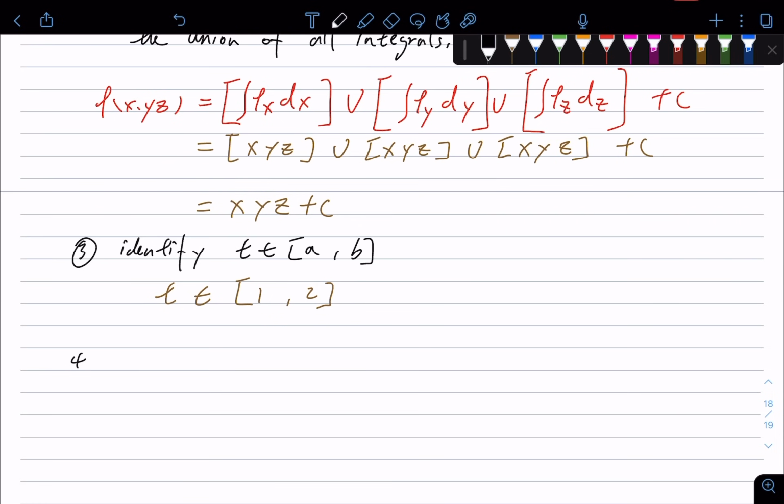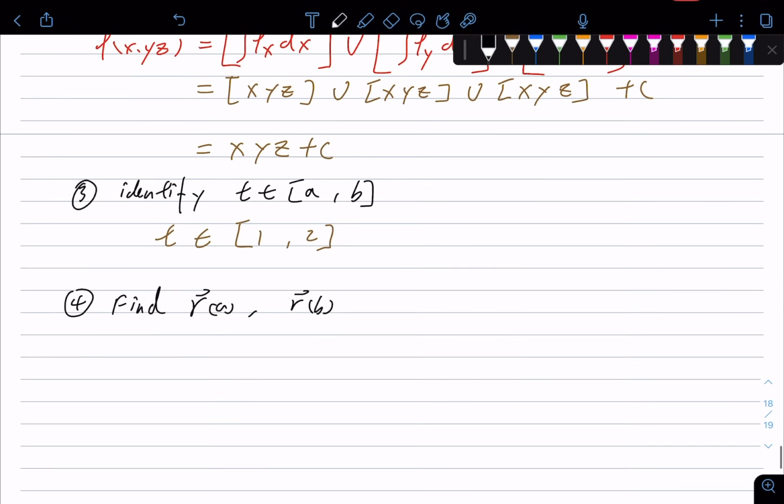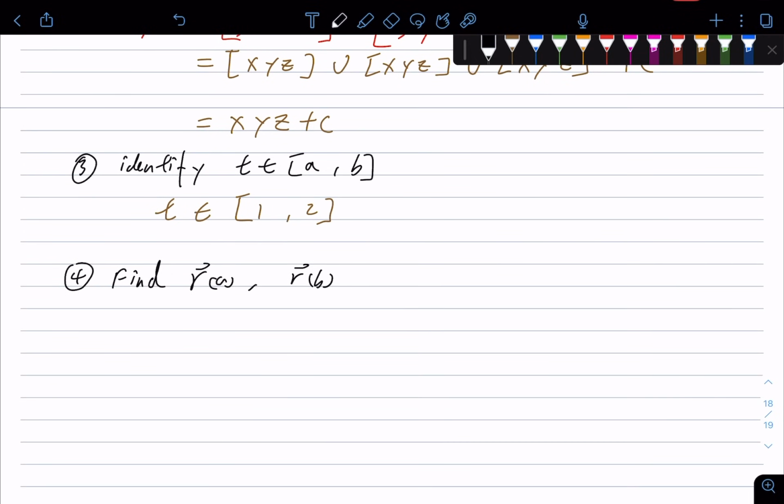And then step 4, we're going to find r at a, which equals x(a), y(a), and then r(b). I think you just know how to plug stuff in, so I'm going to skip that.